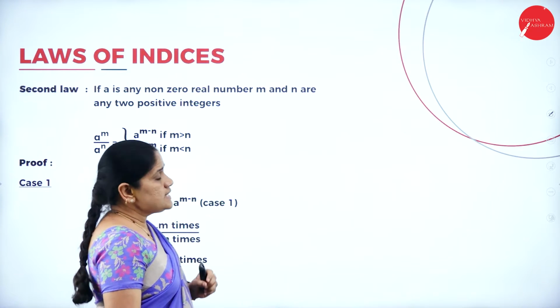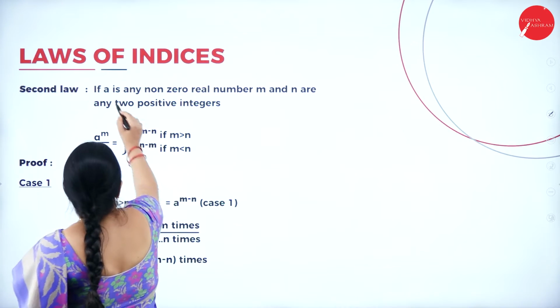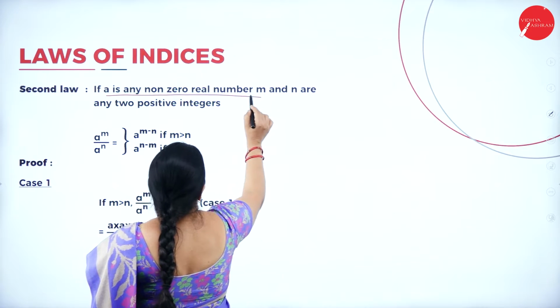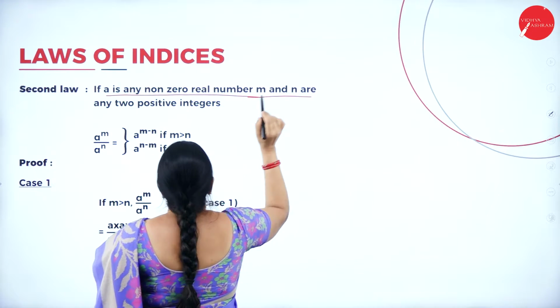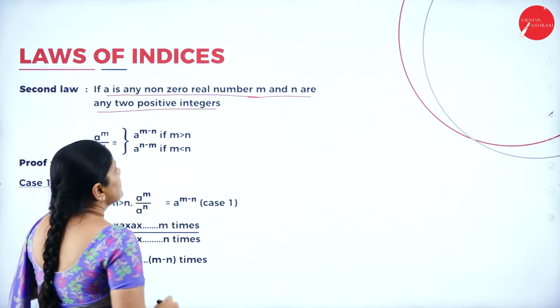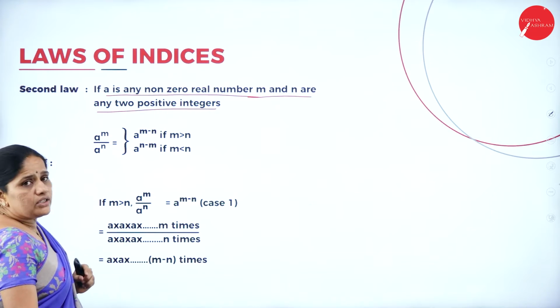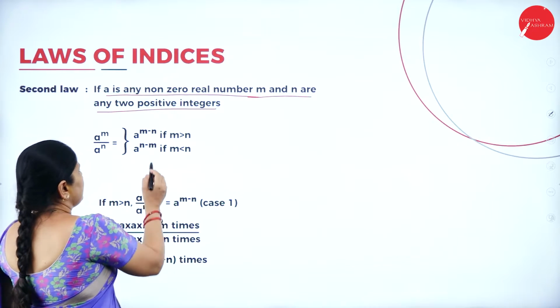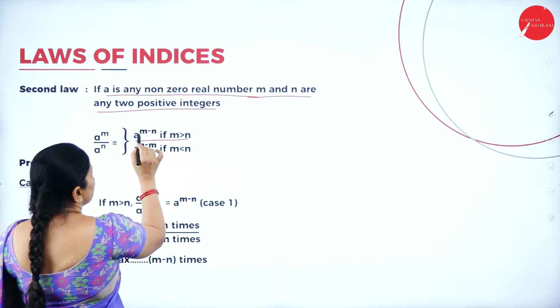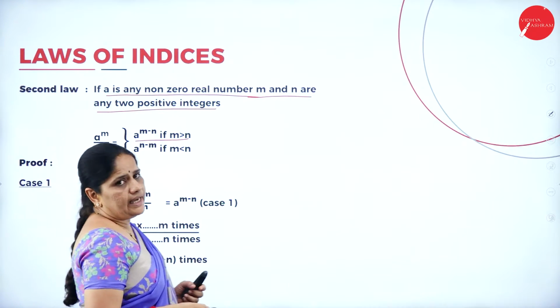Now, let us see what the second law tells us. If a is any non-zero integer or real number, and m and n are any two positive integers, then a to the power of m divided by a to the power of n gives a to the power of m minus n, if m is greater than n.